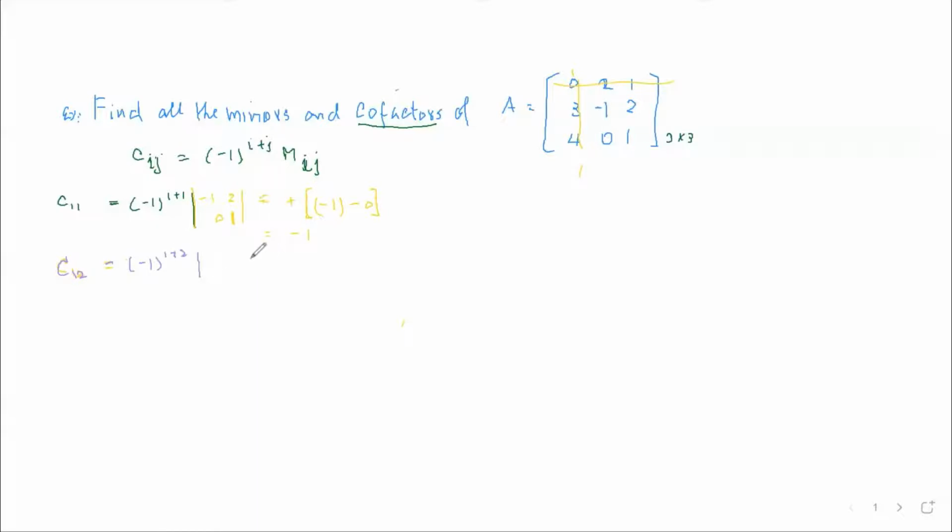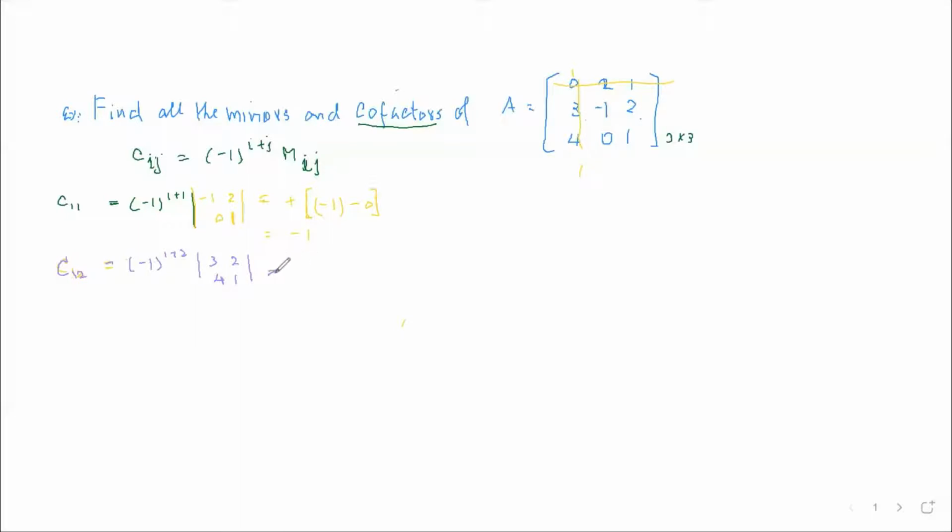Then cross out row 1, second column, so we left 3, 2, 4, 1. First row, second column: 3, 2, 4, 1.